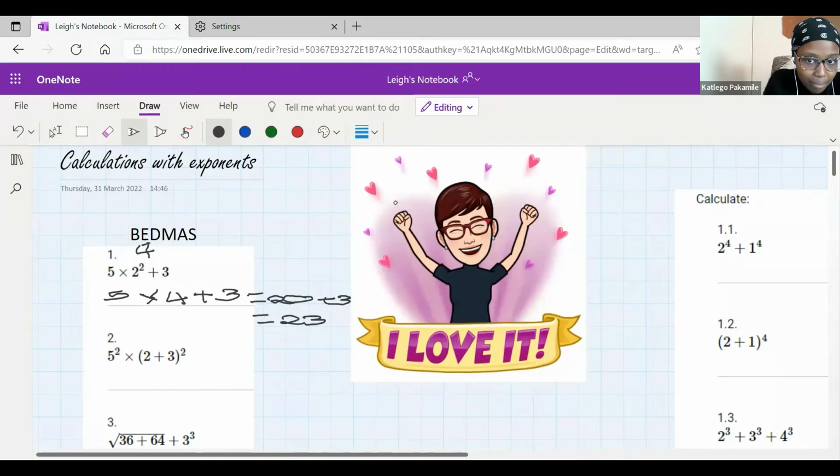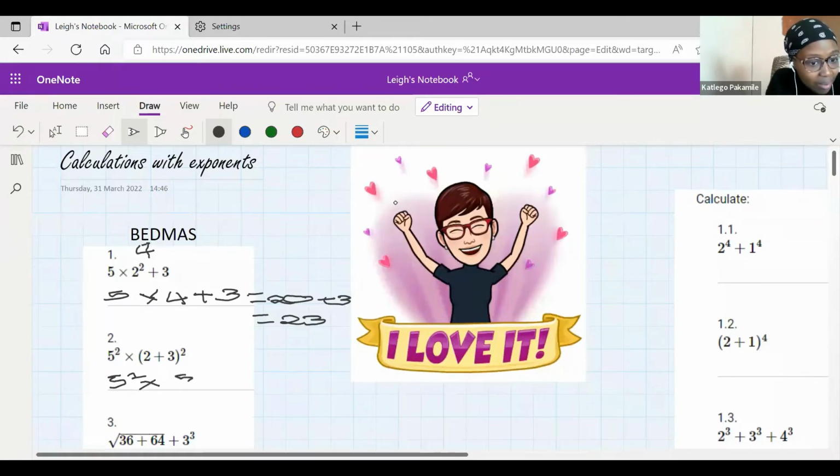Ma'am, we're gonna plus the 3 with the 2. There we go. So we're gonna now have 5 squared times 2 plus 3 is? That's it. What's 2 plus 3?